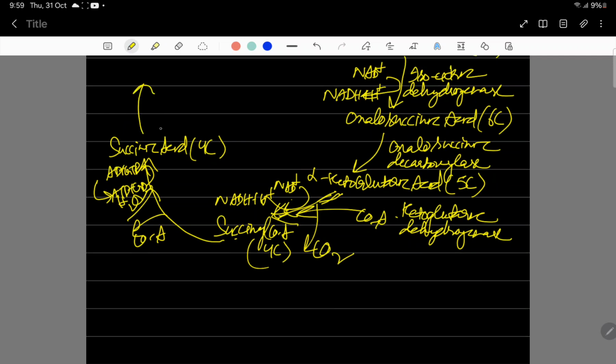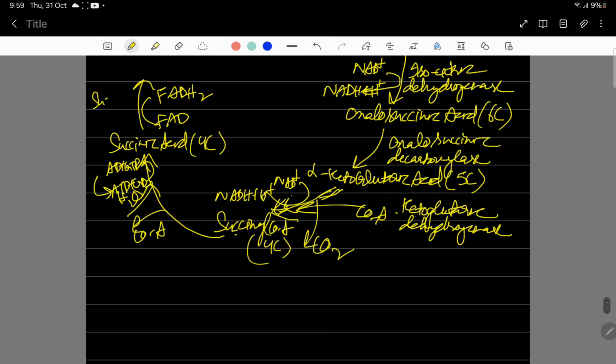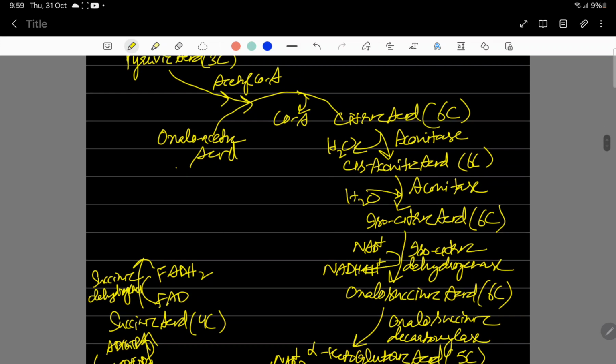Then FAD, in presence of enzyme succinic dehydrogenase, forms the fumaric acid of 4 carbon. Then in presence of enzyme fumarase, it forms the malic acid, which is of 4 carbon.